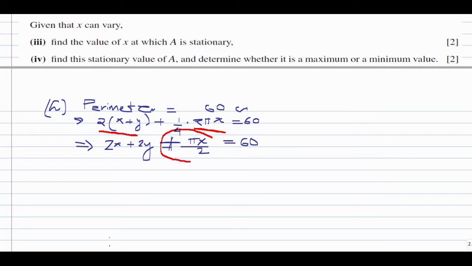So our task is to make y as the subject of the formula. So firstly we'll take pi x by 2 to the right hand side. We get 2x plus 2y is equal to 60 minus pi x divided by 2.